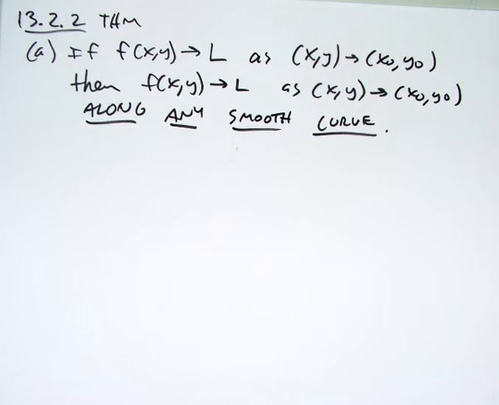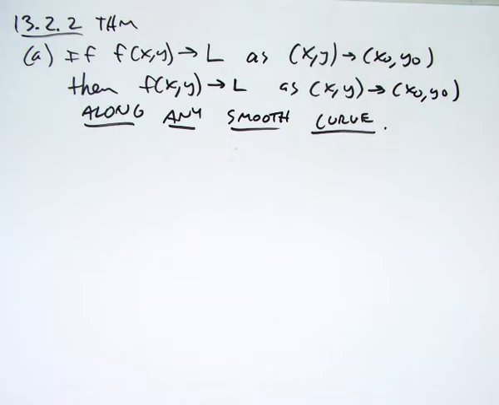That's all we're saying. No matter which way we come from, we should be able to get pretty darn close to the actual limit of L if it exists. If it doesn't exist, then there's going to be one or more directions that we may come from where the limit is different.